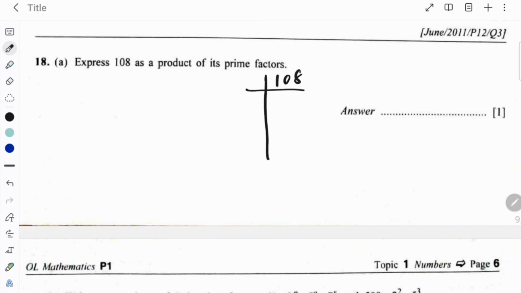The last digit is 8, that's why we are going to divide by 2. 2 fives are 10, and 2 fours are 8. So we take the 2 times table again, and half of it is 27. Obviously we'll take the 3 times table. 3 times 9 is 27, and 3 threes are 9, and 3 times 1 is 3.